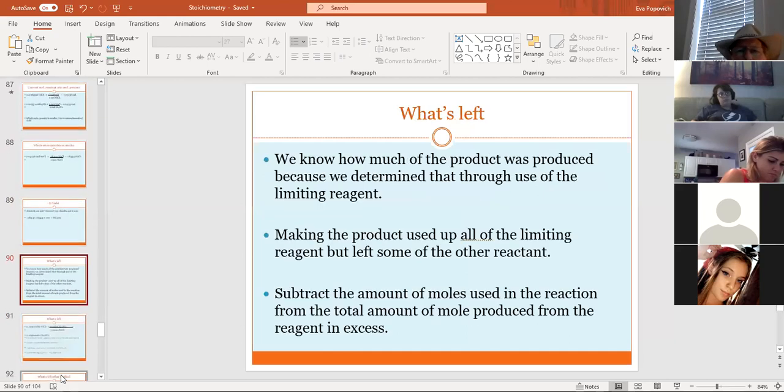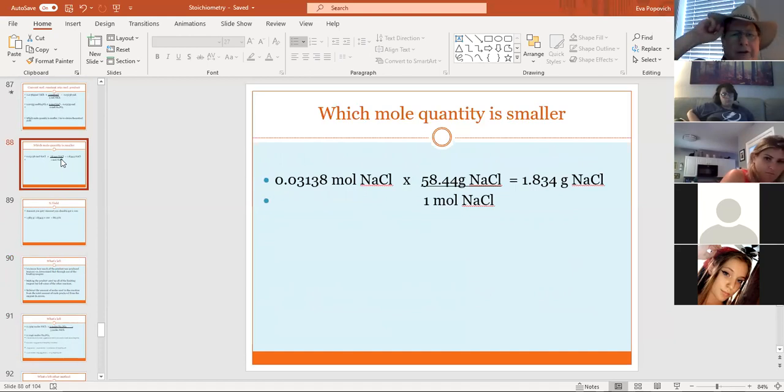We got to figure out what's left. All right, we know how much of the product was produced, right? We know because we determined that through the use of the limiting reagent. We should have produced 1.834 grams of sodium chloride. Correct, guys?